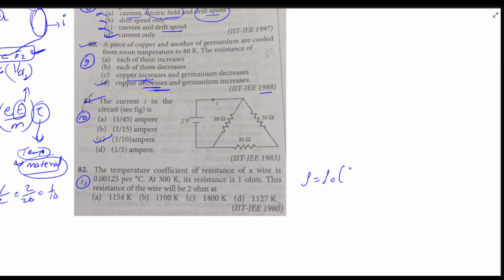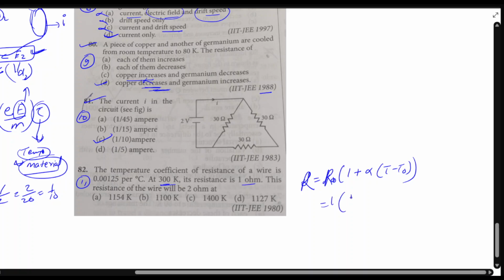Again, this is a very easy question. We know resistance will equal R naught into 1 plus alpha delta T, so T minus T naught, right? Resistance at T naught, at 300 Kelvin, is 1.